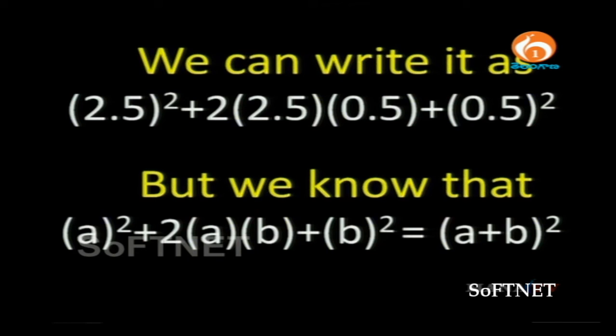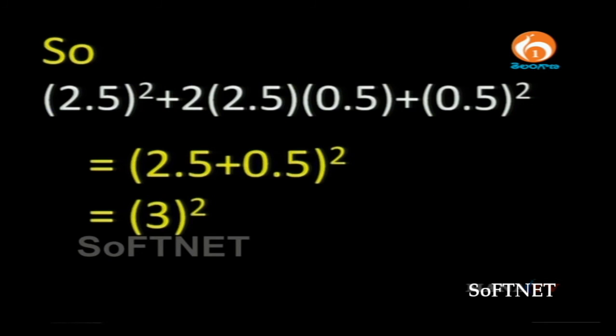Observe. So, 2.5 whole square plus 2 into 2.5 into 0.5 plus 0.5 whole square can be simply written as 2.5 plus 0.5 whole square, that is 3 whole square, that is 9.